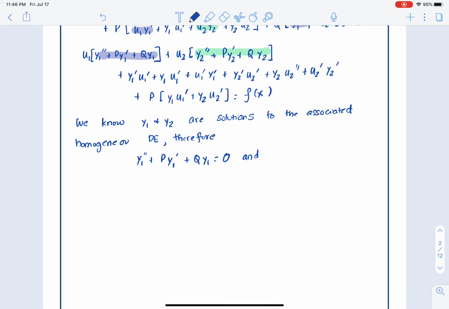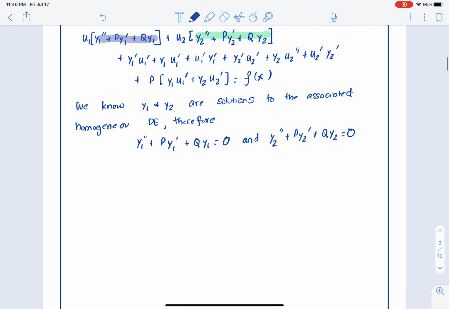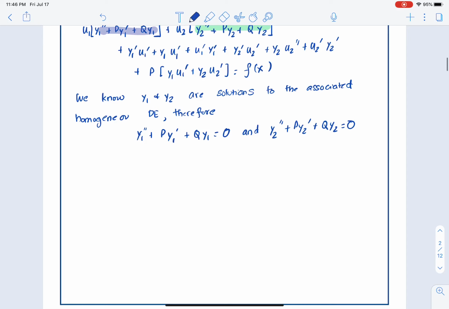And the second solution, when we plug it in the DE, that would become 0, leaving us with only the remaining terms, which would be y1 prime u1 prime, y1 u1 double prime, u1 prime y1 prime, y2 prime u2 prime, y2 u2 double prime, u2 prime y2 prime, plus p y1 u1 prime plus y2 u2 prime.